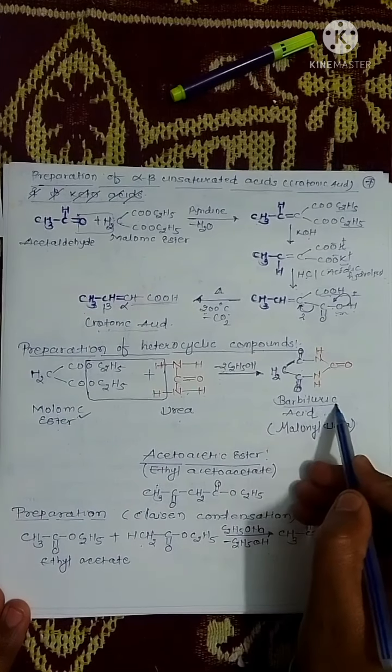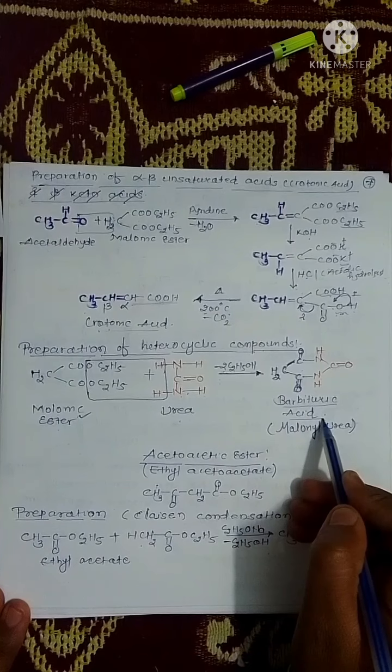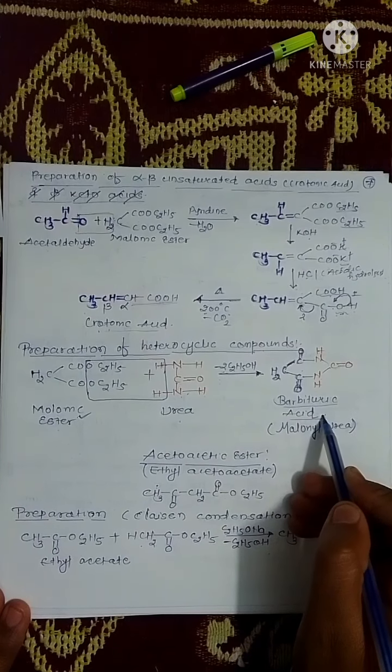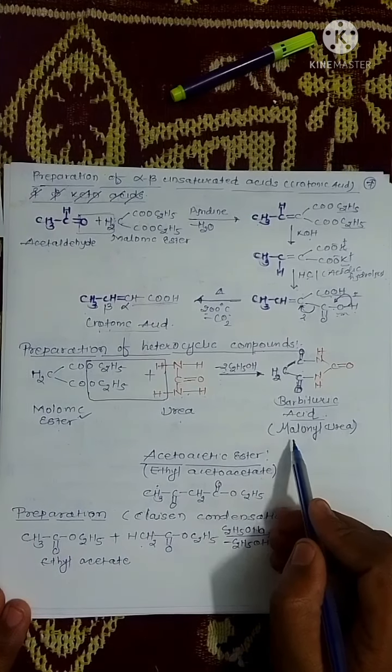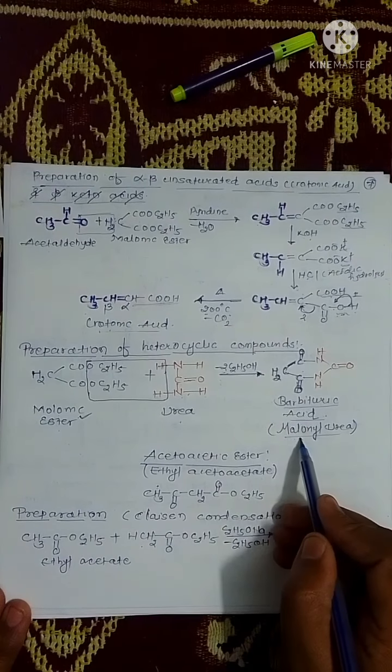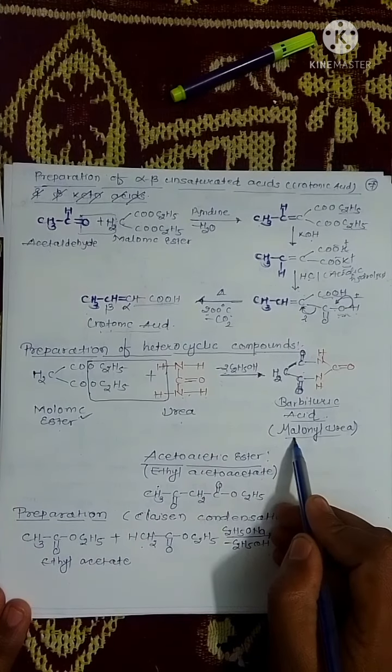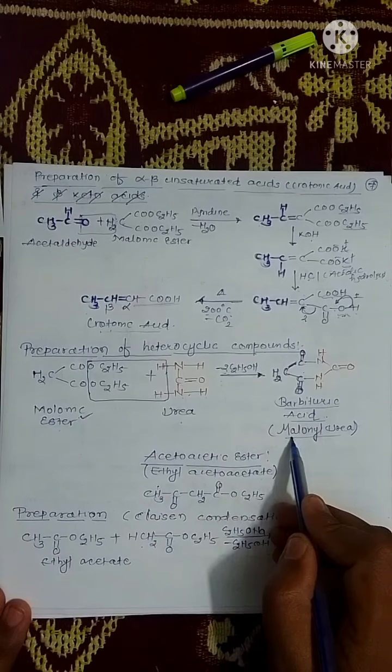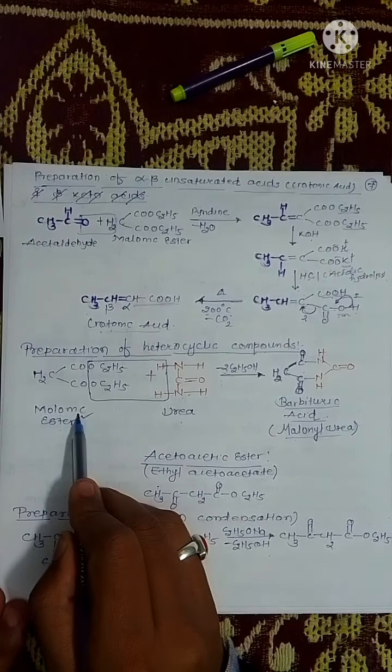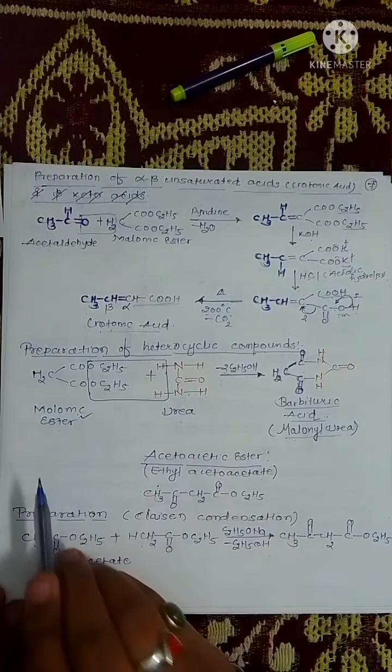This compound is known as barbituric acid, or its other name is malonyl urea. Why is it known as malonyl urea? Because this compound is basically synthesized from malonic ester and urea.